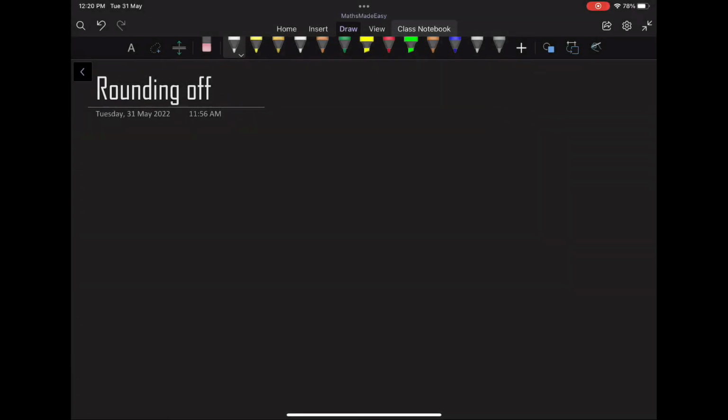So rounding off of numbers, you might already know what rounding off is, but if you have any troubles with numbers which are really big, like if you're telling me to round off 15 or 16 or 23, something really small, then you might already know what to do.